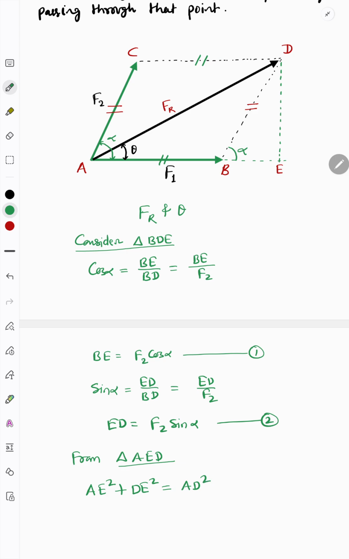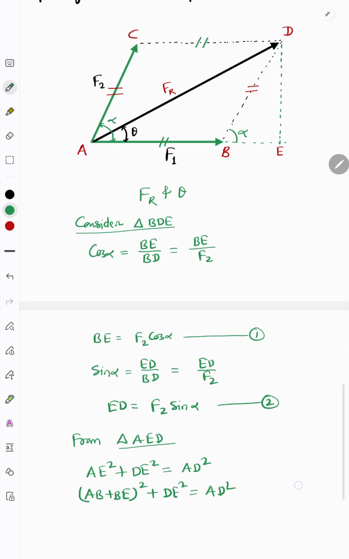Here, A to E is made of two lines connected together, AB and BE. So we can write (AB plus BE) whole square, plus DE square, is equal to AD square.